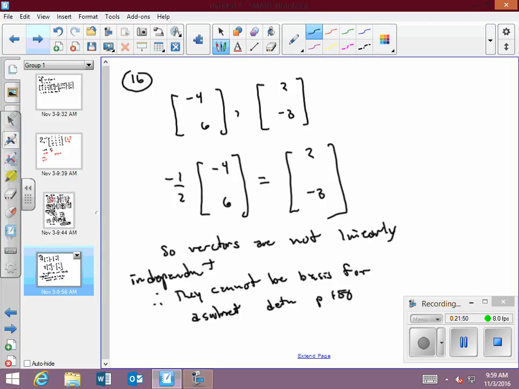If you look back at 150, it says the null space of a matrix A is the set of all solutions of a homogeneous equation AX equals 0, and those are not linearly independent and they cannot form that basis.